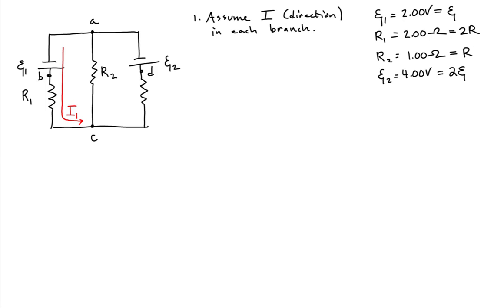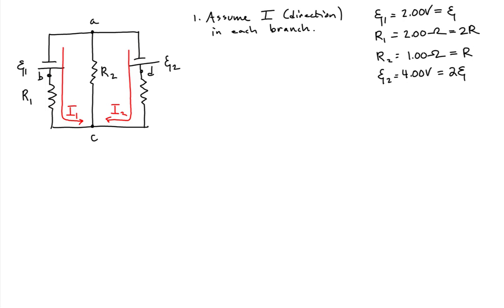I like to start off with assuming the currents for the branches that contain the batteries. So now let's look at the current through the branch that contains battery 2. Let's assume the current goes from the negative to the positive terminal of battery 2. I will call this current 2.